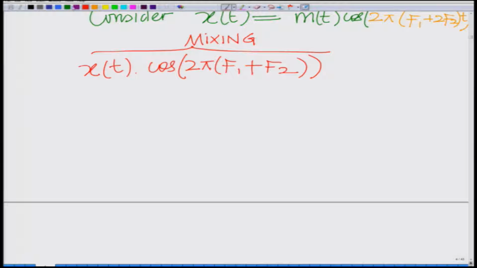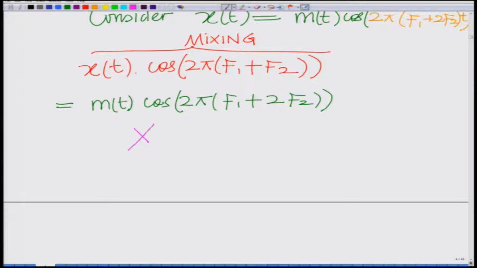And now, if you observe what we get is m(t) cosine 2 pi (f1 plus 2 f2) t times cosine 2 pi (f1 plus f2) t.